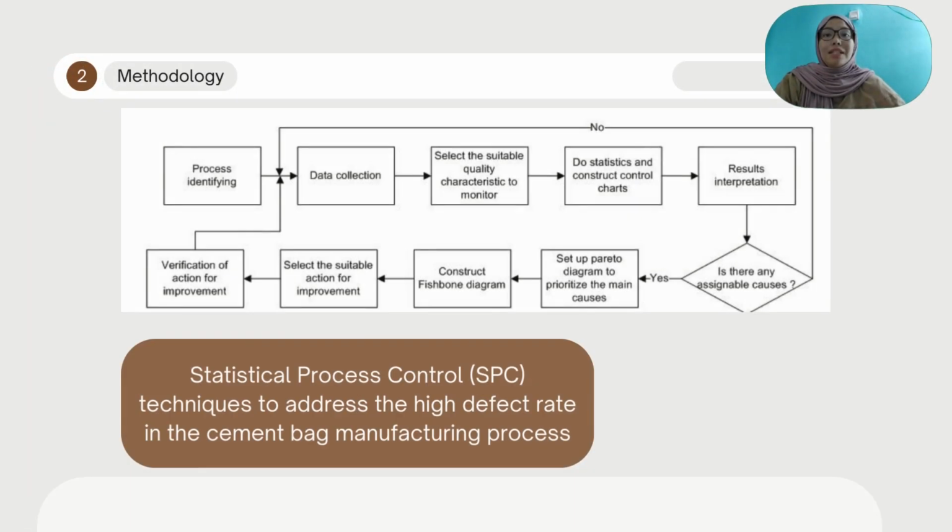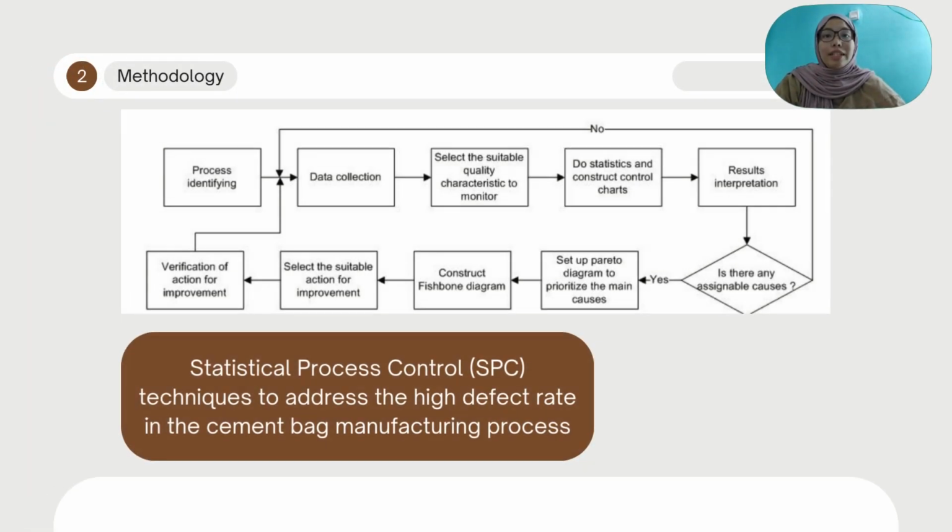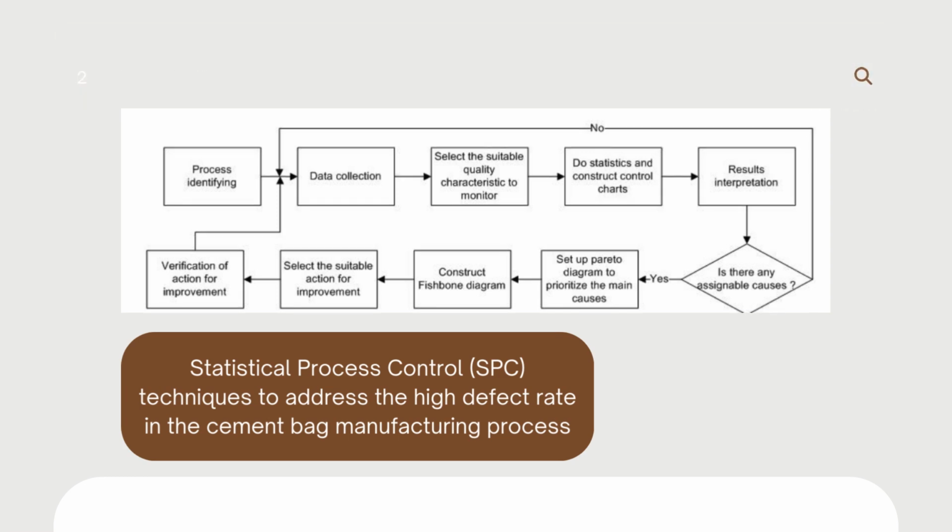The SPC is a strategy under Total Quality Management (TQM) that involves using statistical methods to monitor, control, and improve processes in manufacturing and services. These techniques are used to address the high defect rates in the cement bag manufacturing process.